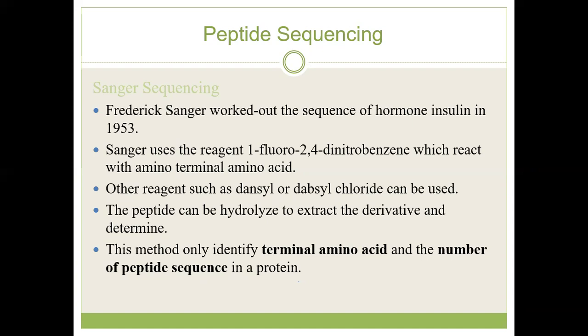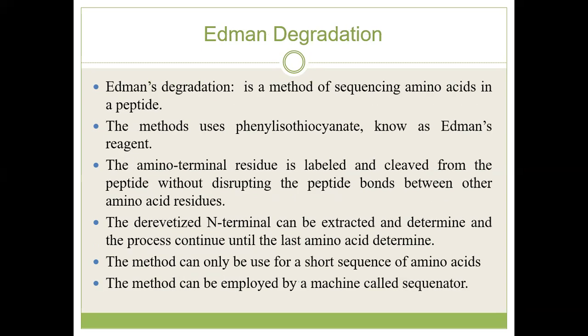When you isolate the derivative amino acids and identify them, you discover that you have two amino acids, which tells you that the protein you are working with contains two peptides, probably linked by a disulfide. And if you continue, you can identify the position of the bond that gives rise to the formation of the peptide. We'll see shortly how that can be done.